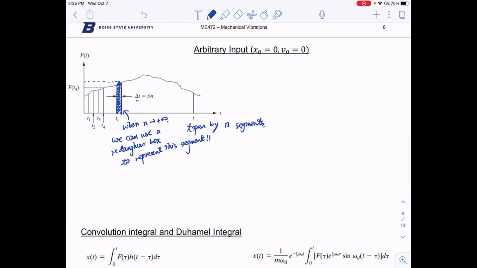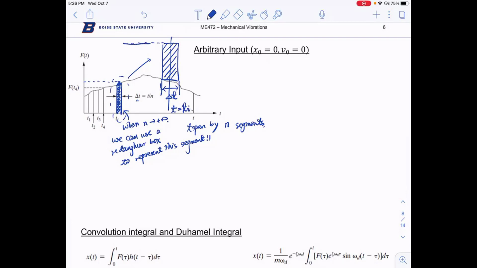Let's zoom in on this rectangular box. We know that the width is delta t, and the center of the box is at time equal to ti.